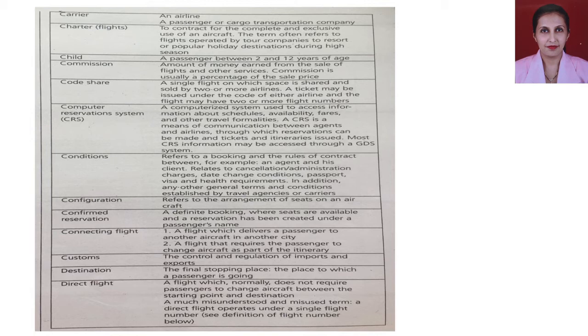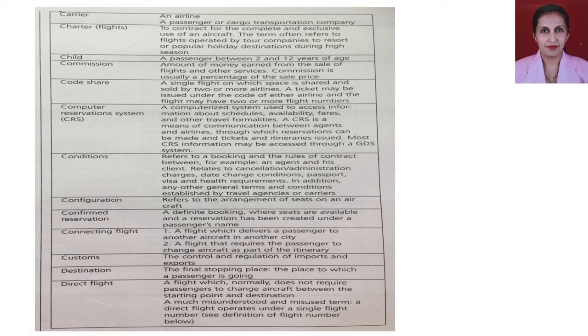Next is customs. Okay, customs is what? The control and regulation of imports and exports. So customs is nothing but an organization. It comes under the government of that particular country, and this organization controls and gives rules and regulations of imports and exports.